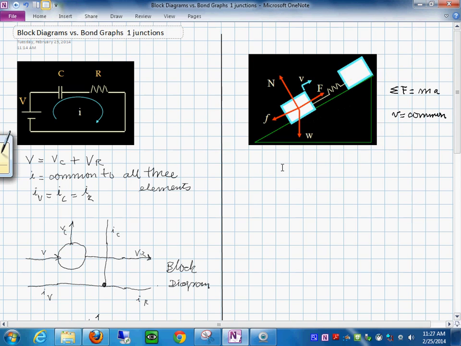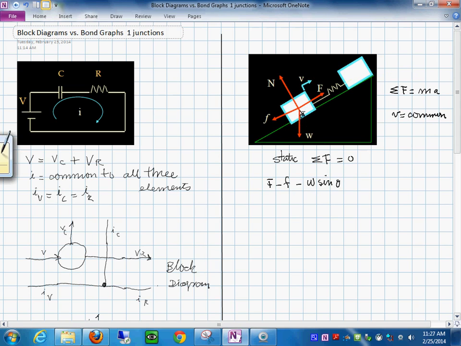For the static condition, just to study the connection, summation of the forces equals 0. So in this particular case, you will see F minus F like this, and then of course minus W sine of theta, where theta is this angle here.